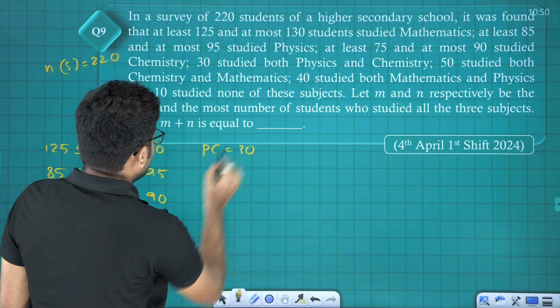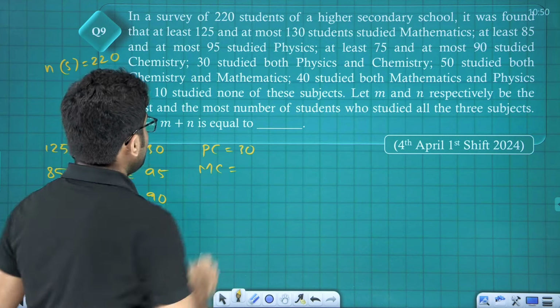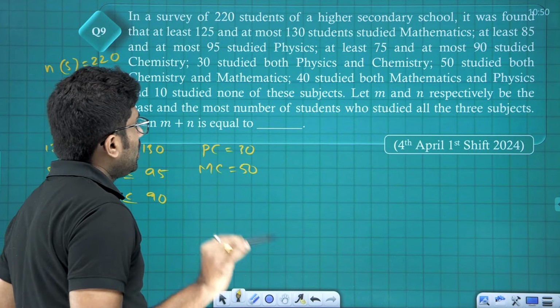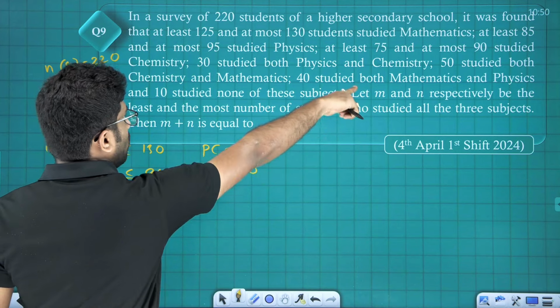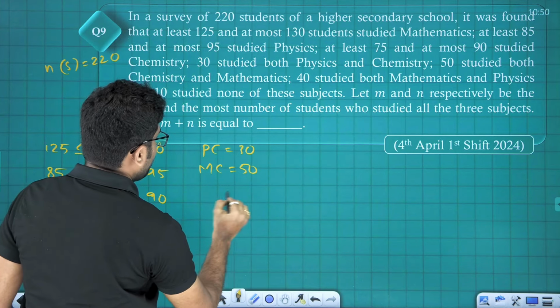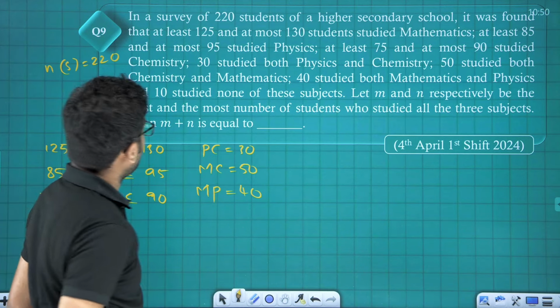Both chemistry and maths, MC, is equal to 50. Next, friends, 40 studied both maths and physics. Let's say MP is equal to 40.